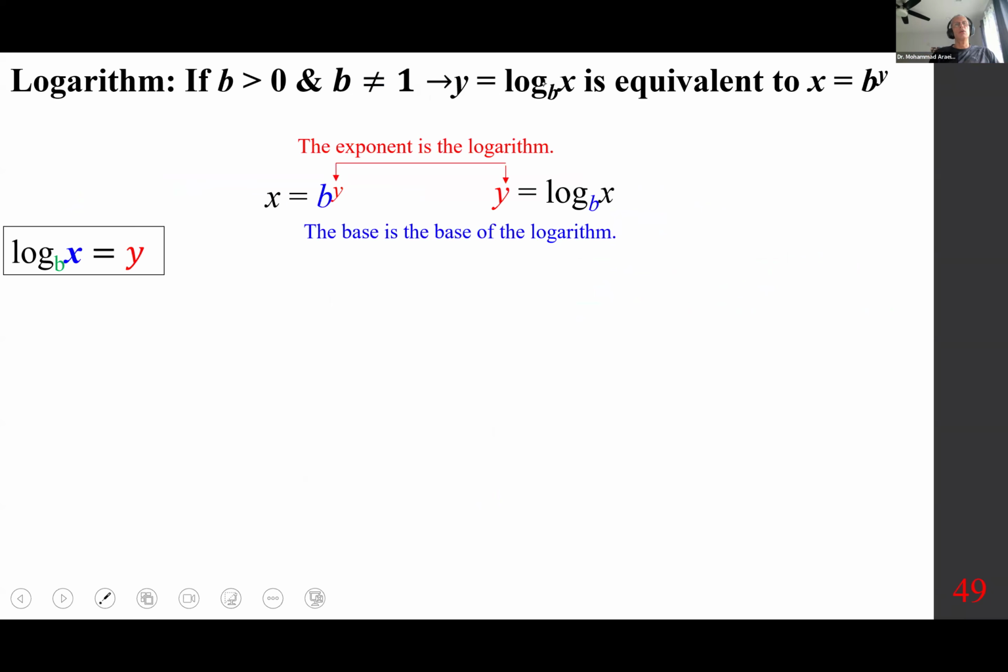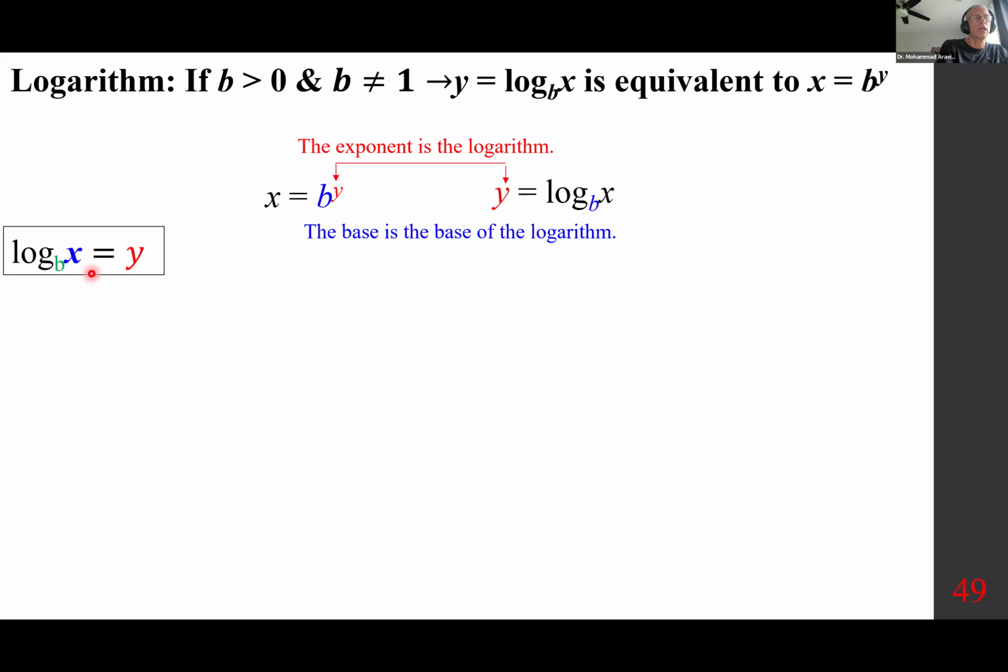Now, reminding you of logarithmic properties to help us with this topic. So if b is positive and b is not equal to 1, y equals log x base b is equivalent to x equals b to the power of y. As we look at this one, we notice that the base is the same for both formats, and so is the exponent.